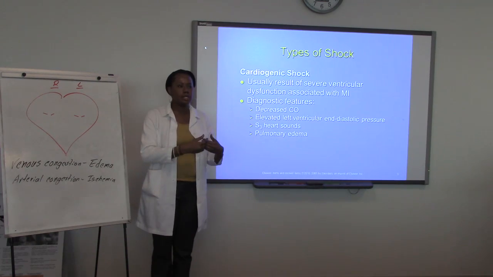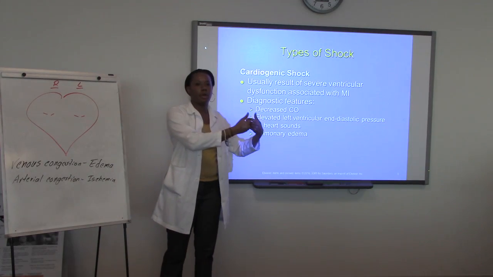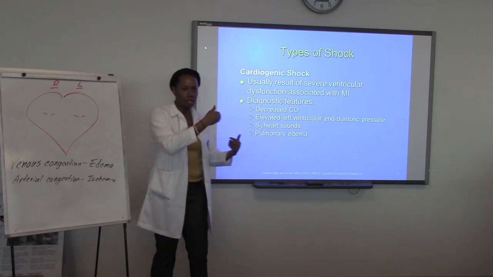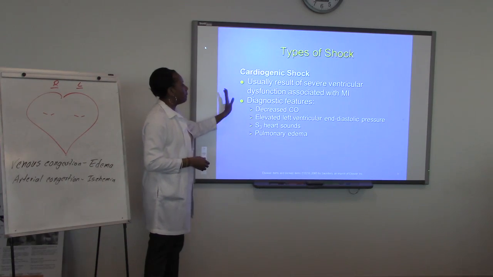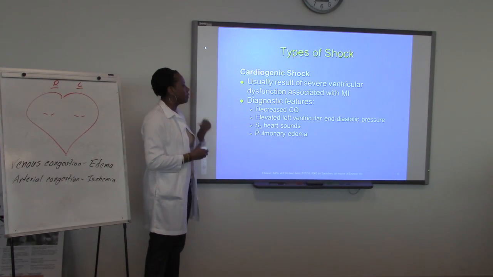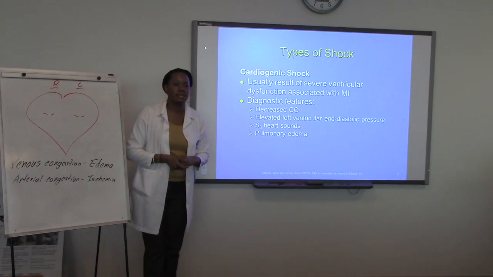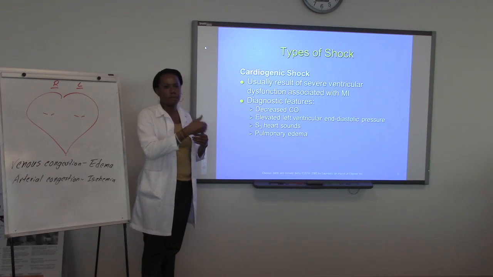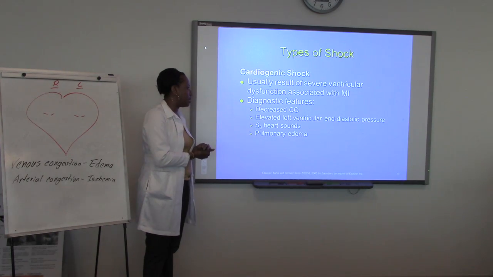Well, what can happen is this person could undergo a type of cardiogenic shock that could lead to death. This usually results from a severe ventricular dysfunction associated with an MI. So just know that MIs can definitely lead to a type of cardiogenic shock.